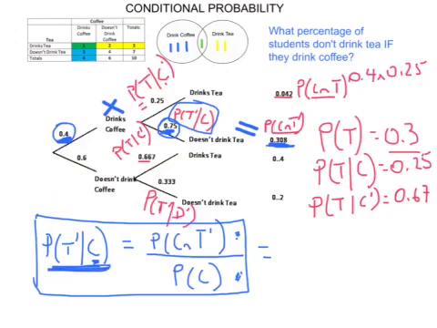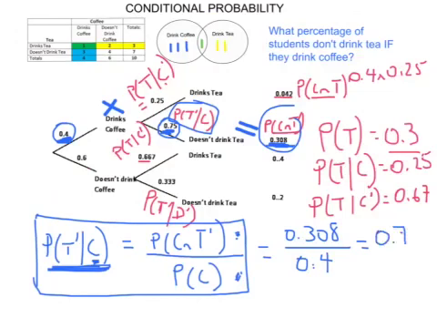So if we knew, and we're probably told, that the probability of drinking coffee but not tea is 0.308, and the probability of drinking coffee regardless of anything else, so that's the coffee club, is 0.4, we can divide 0.308 by 0.4 and we'll get the 0.75. So we will arrive at the proportion of people who drink tea, or don't drink tea, sorry, who are coffee drinkers.